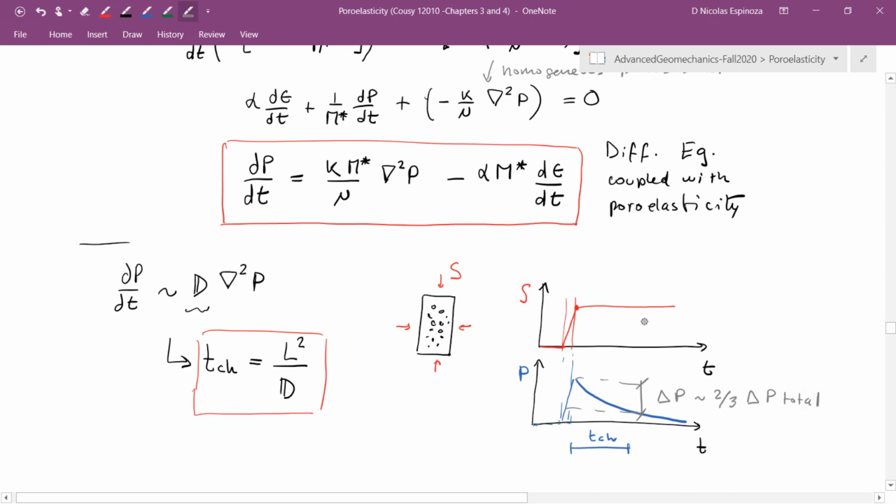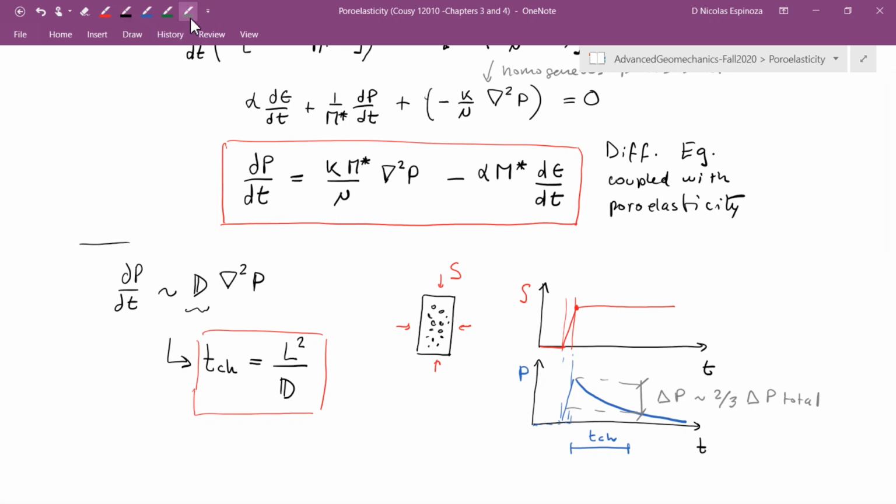If we apply an impulse load, then we're going to have an asymptotic behavior. So this is just an approximate formula, but it tells us more or less how long we would need for that pore pressure to dissipate, where I'm missing one parameter over here.